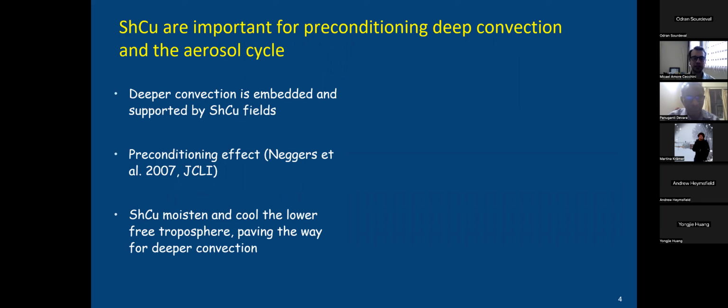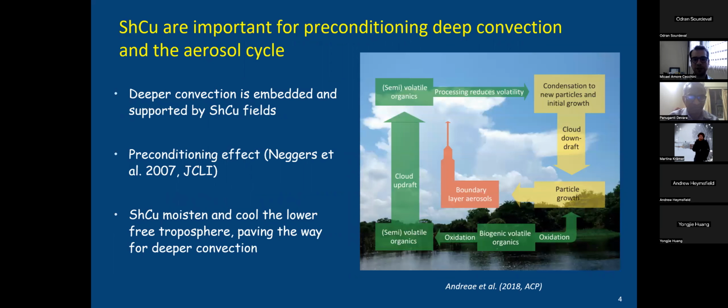So one thing that the shallow clouds can contribute to deeper convection is through the preconditioning mechanism. So when you have the shallow clouds growing, at some point they are going to grow and then dissipate. And this occurs several times during the day. It's not only one cloud; there are several shallow clouds forming and dissipating during the whole day.